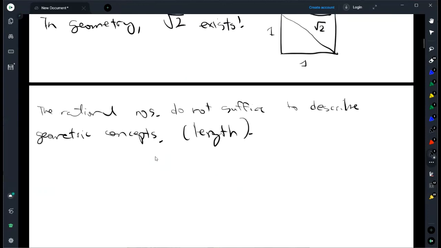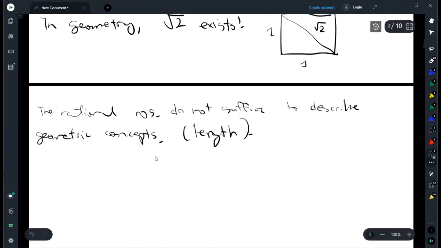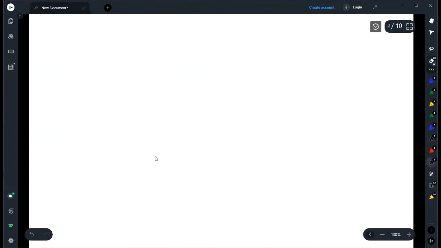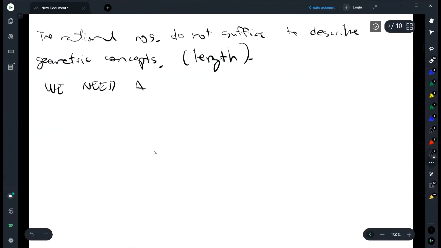And of course, the idea of length exists in nature. So therefore, in order to describe concepts in geometry, which are all related to concepts in nature, we need a larger set of real numbers.